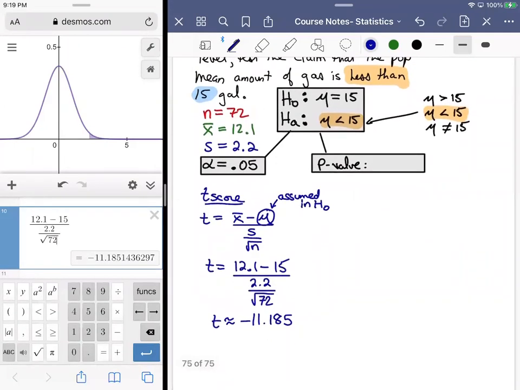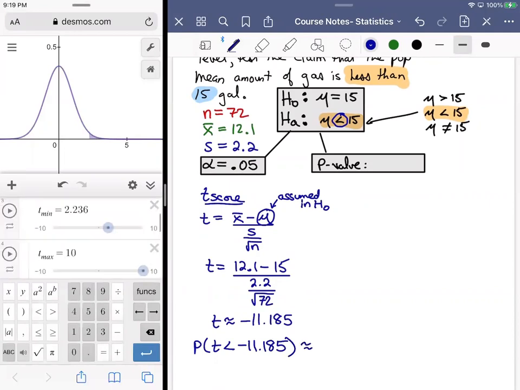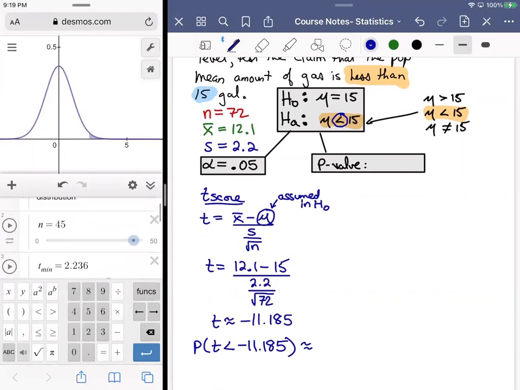Now, because the alternative hypothesis is a less than symbol, I'm going to find the probability that t is less than that number. So that goes right back up into the early part of the computation.